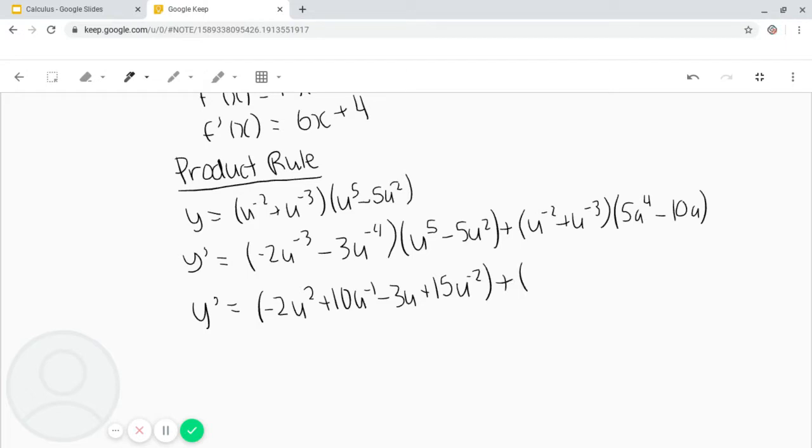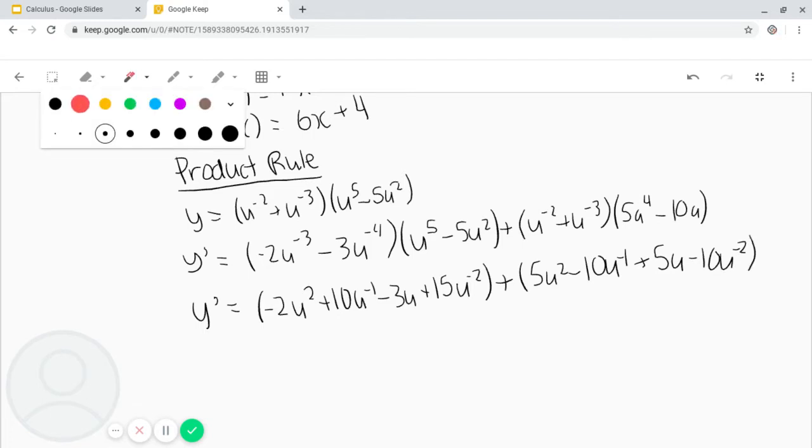And then 5u squared minus 10u to the negative 1 plus 5u minus 10u to the negative 2. And I can see that there is a term that will cancel, so plus 10u to the negative 1 here, minus 10u to the negative 1 there.